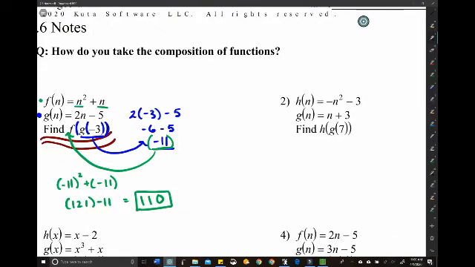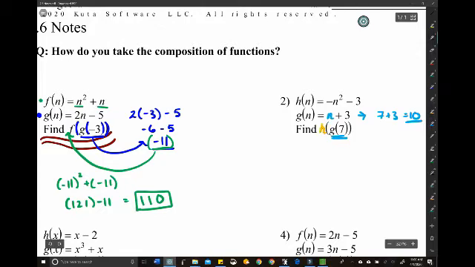Okay, so h of g of 7. Starting at g of 7. That just means whatever n is, we're going to put in 7. So this part is just 7 plus 3. Well, that's 10. With 10, we're then going to put it into h. So h at 10.